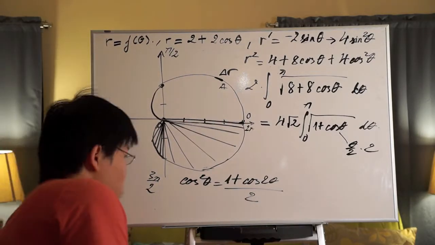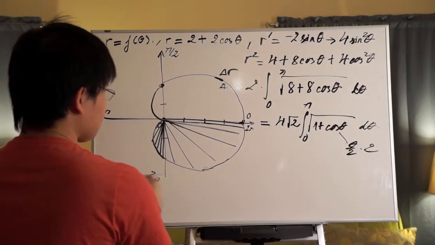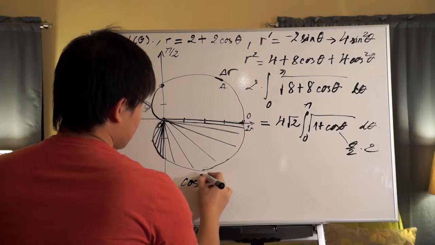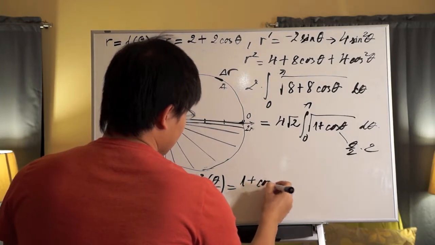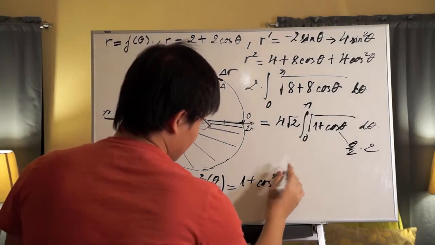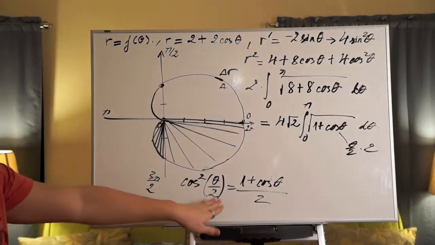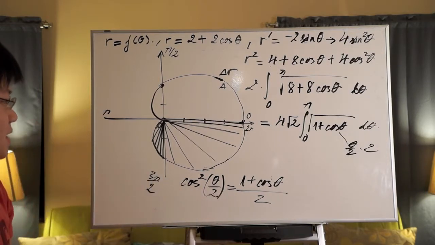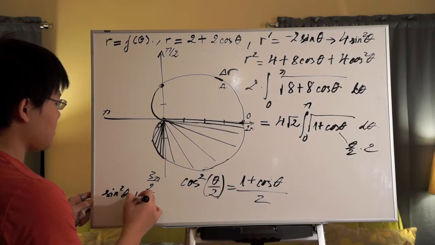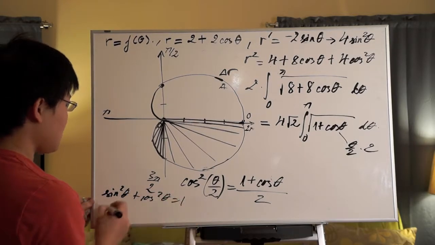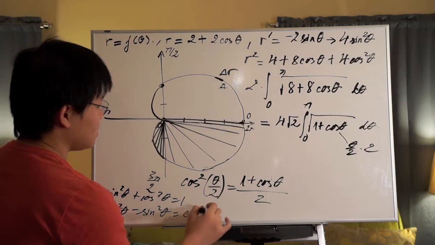Alright, so we have some light there. We can think of this as cosine squared of theta over 2, which equals 1 plus cosine theta, over 2. If you're concerned about this or didn't see it, you can work on it using the following identities: sine squared theta plus cosine squared theta equals 1, and cosine squared theta minus sine squared theta equals cosine 2 theta.